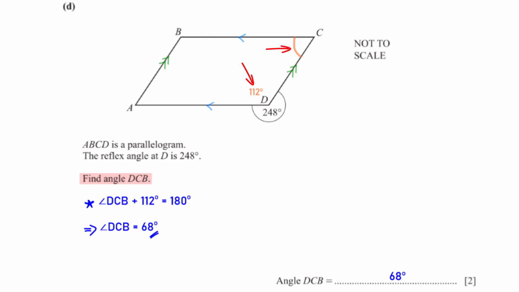These two are interior angles. Interior angles add up to 180 degrees. So angle DCB plus 112 equals 180. When we subtract 112 from both sides, we get angle DCB to be 68 degrees.